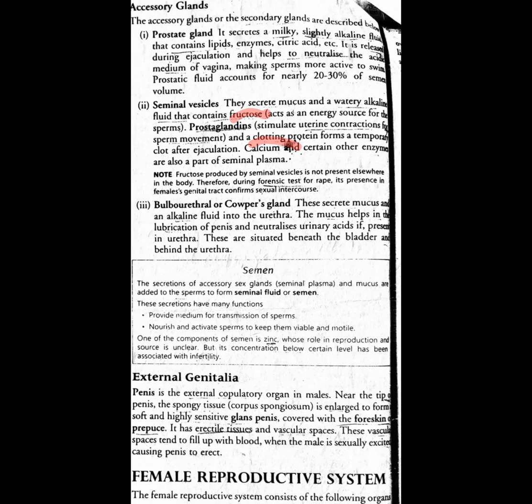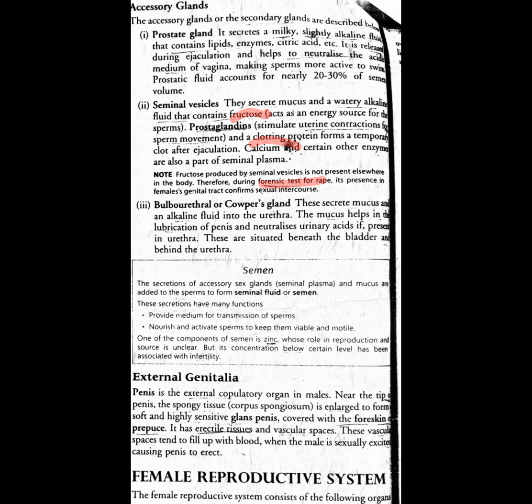So whenever a forensic test is done during a rape case, they search for fructose, they search for semen sample having the sperm so that they can detect whether the female was raped or not.